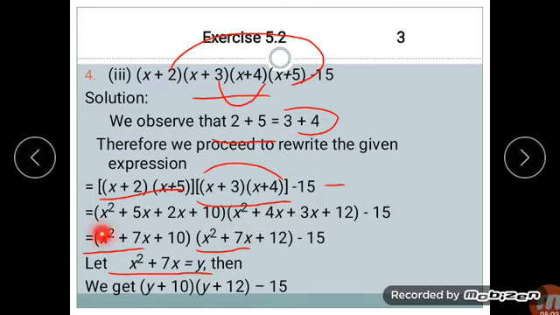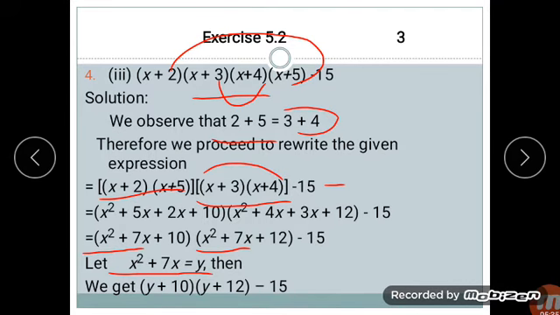So now again, if you multiply these two brackets with each other, the expression will be very lengthy. So again we have to apply a shortcut method. What is that shortcut method? If you see two terms the same inside two brackets, you can shrink that expression by letting these two terms equal one term, which can be y.